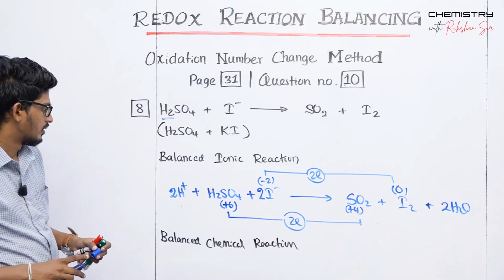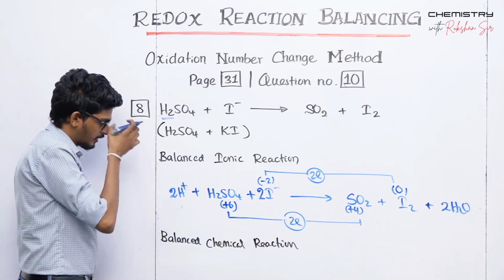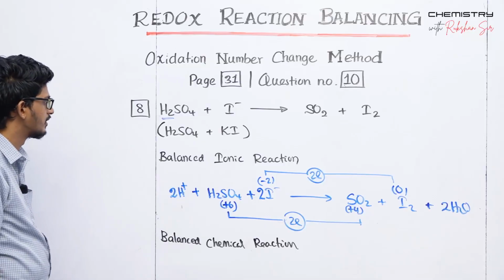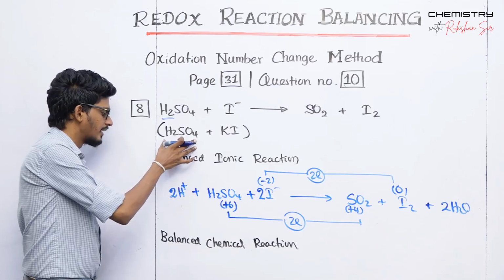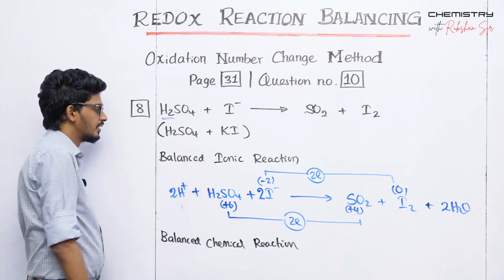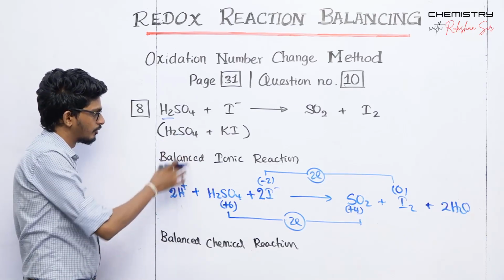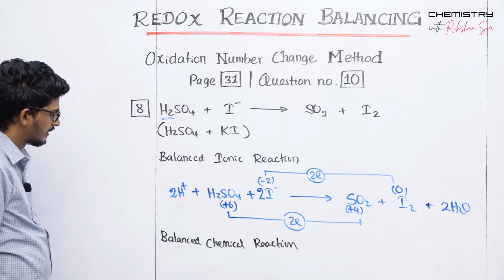Okay, so to provide the H pluses, basically you have to use the H2SO4. Here the H2SO4 is acting as the acid as well as the oxidizing agent, right? Both acid and oxidizing agent are provided by the H2SO4 here, right?